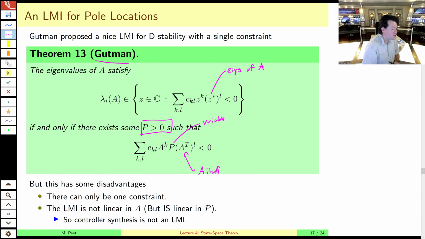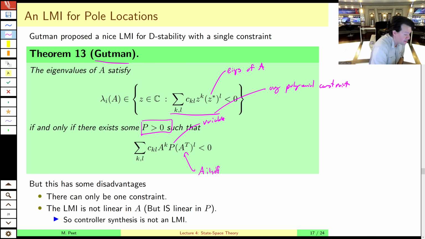This is very nice because if you look at this term here, what is this term? Well, this term is basically any polynomial in the eigenvalues and their complex conjugates. Basically, almost any polynomial. So this allows us to express almost any polynomial constraint on the eigenvalues of A as an LMI. And how does that work?